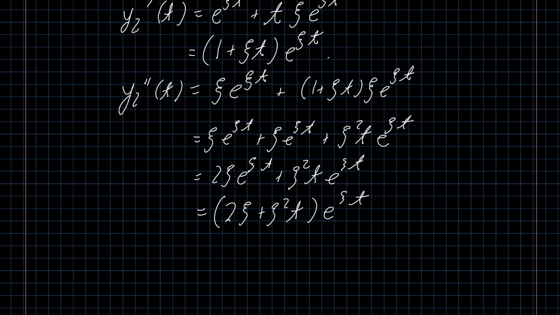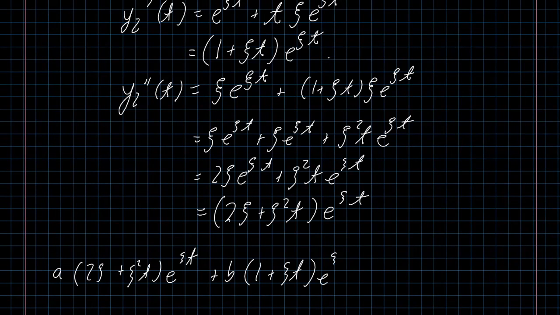And then I want to take those things and substitute them into my differential equation. So my differential equation is a times y2 double prime, which is 2c plus c squared t times e to the ct, plus b times y prime, which is still at the top of the screen, 1 plus ct times e to the ct, plus c times y, which was t e to the ct.